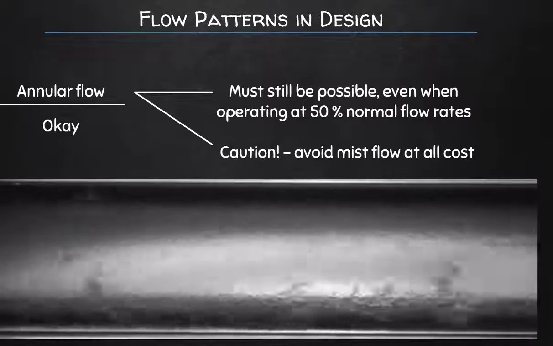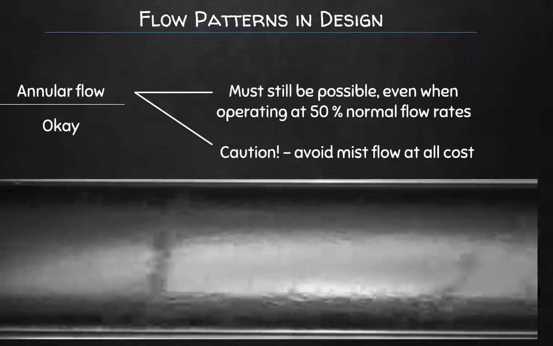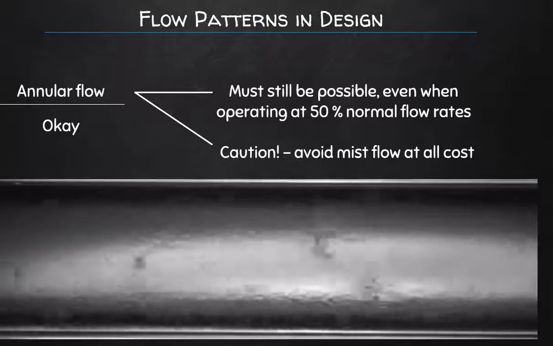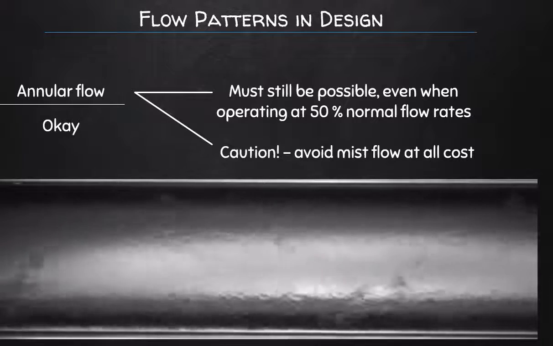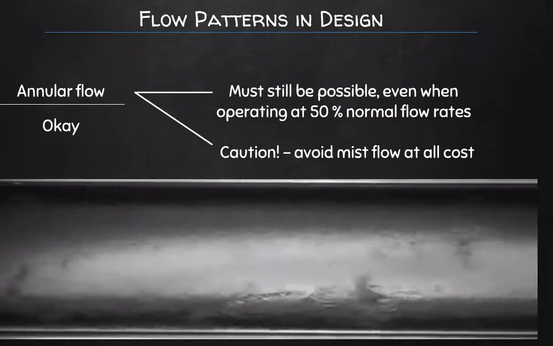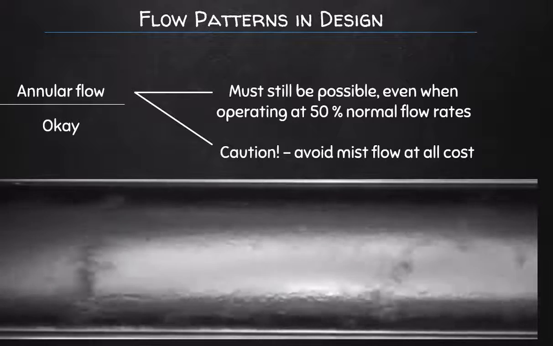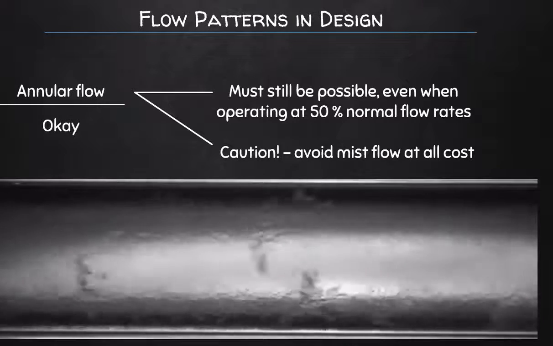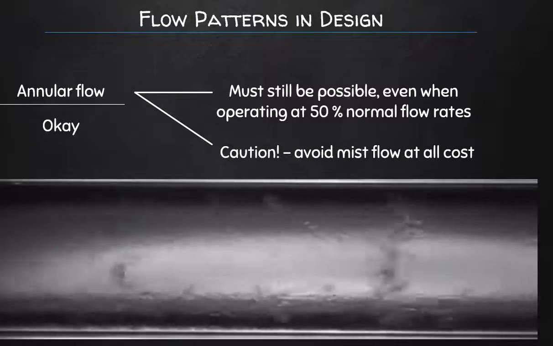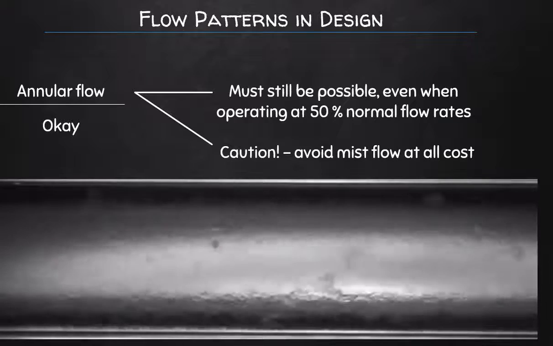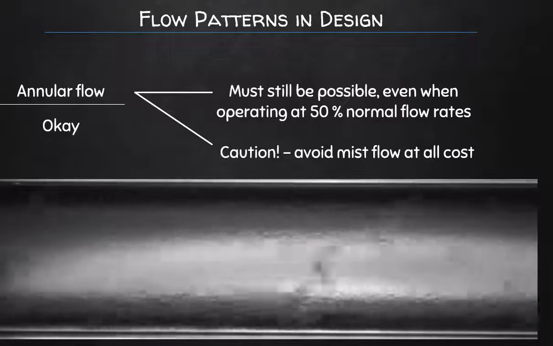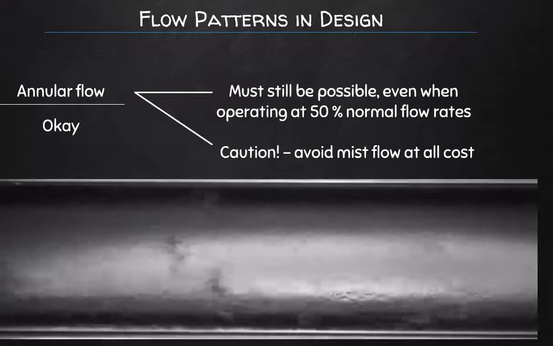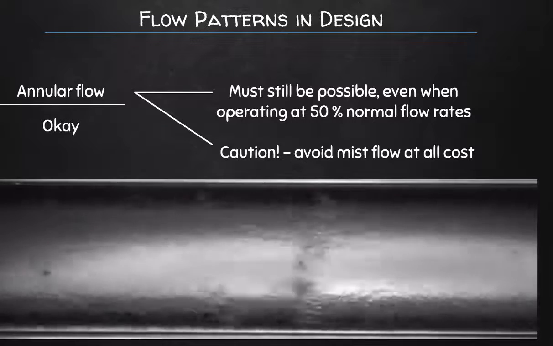Now, it is reasonable to have annular flow instead, so this is where the liquid is surrounding a gas, but there should be some contingency designed into the pipeline. And when I say that, I mean make sure that you still have some leeway in terms of flows. So annular flows should not transition into mist flow if there are dynamic disturbances which occur in the design flow rate.